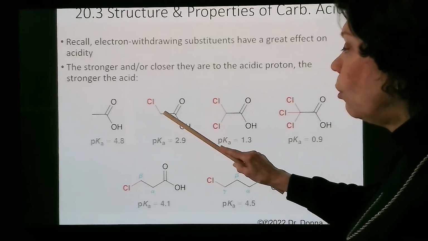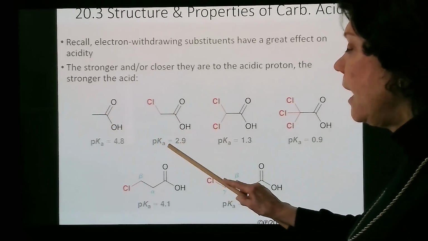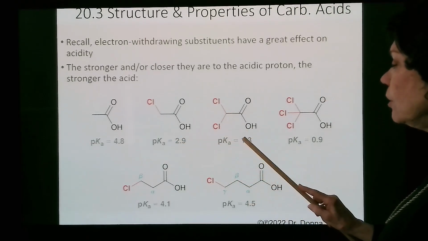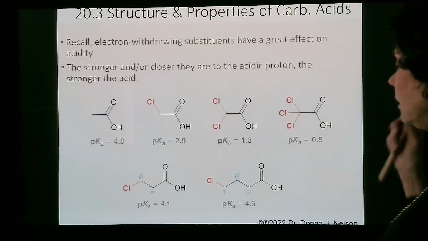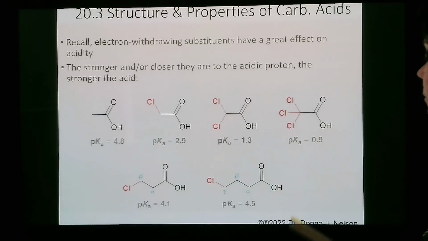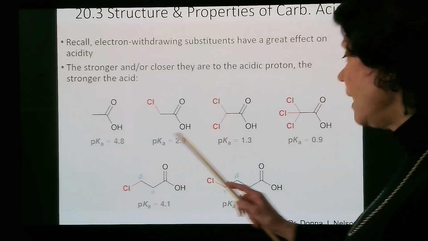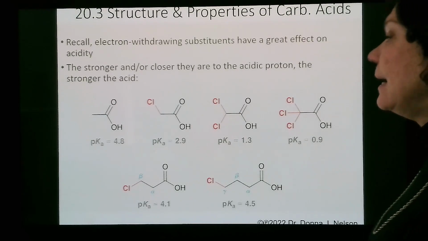With one chlorine put on the alpha position, the pKa drops to 2.9. A second one reduces the pKa further to 1.3. A third chloro substituent at the alpha position reduces it further to 0.9. So as you increase the number of electron withdrawing groups, the pKa does indeed diminish, exactly as you would expect.